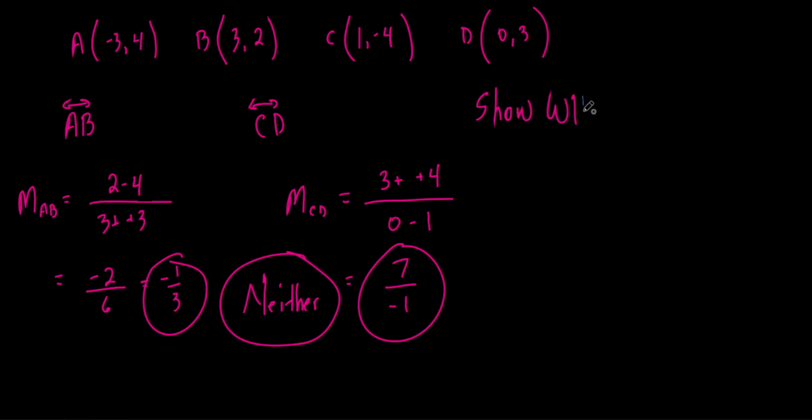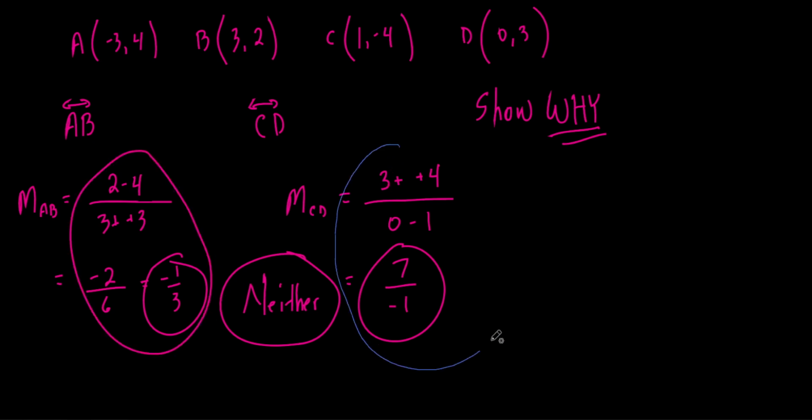On the problem itself, I even capitalize the word why, all caps. I say show why. W-H-Y. That's show me how I got it. Show me why it's neither. That's what I need to see. If I don't see this and you write neither, it's still going to be wrong, okay? I got to see why.